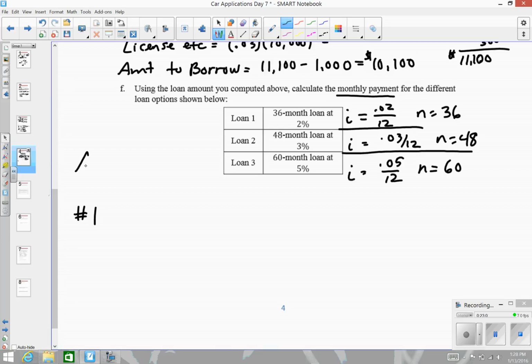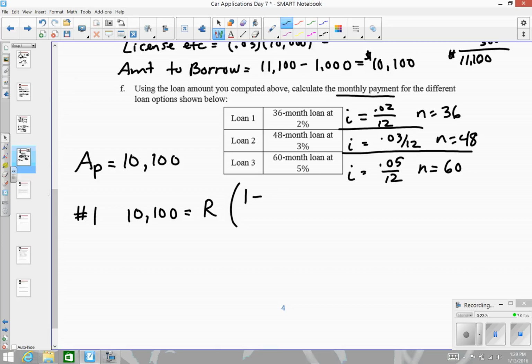So really, AP, present value, $10,100. So I'm going to use that formula that uses AP and set 10,100 equal to my regular payment, whatever that is, multiplied by 1 minus, and I need to put 1 plus my I value in here.